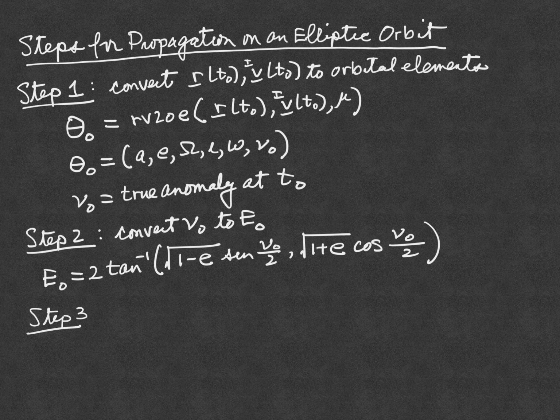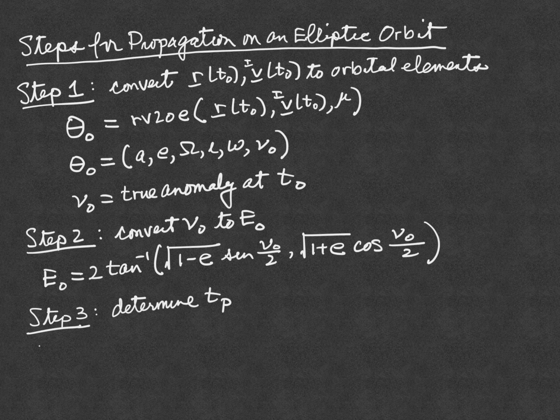So step 3 is to determine Tp, which is the time of periapsis passage just prior to T0. So in order to be able to determine that time, we have to work with Kepler's equation and be able to solve for Tp.